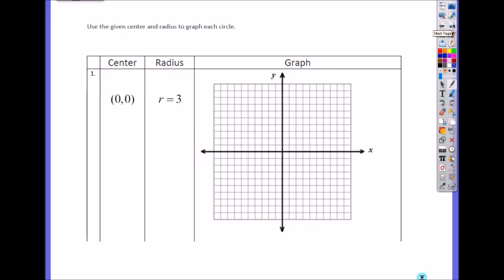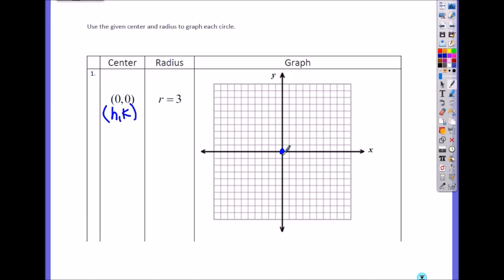So next page. The center is going to be called h and k. Let's first go ahead and graph it, and then write an equation of the circle. So where is your center? 0, 0, which is the easiest problem for a circle.